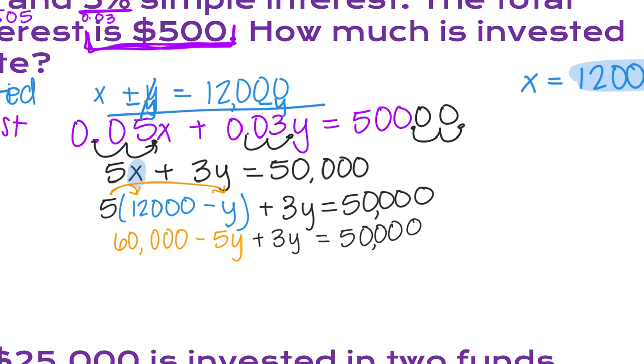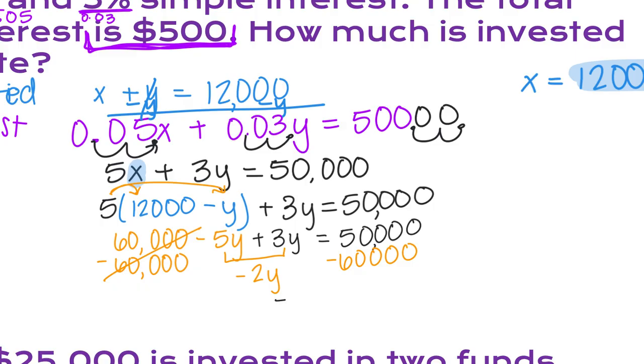And then solving for y. So combine like terms first. You don't have to, but I'm going to combine like terms. And I'm going to end up with negative 2y. And then what should I do next? I'm going to subtract 60,000 from both sides of my equal sign. This is going to cancel out.